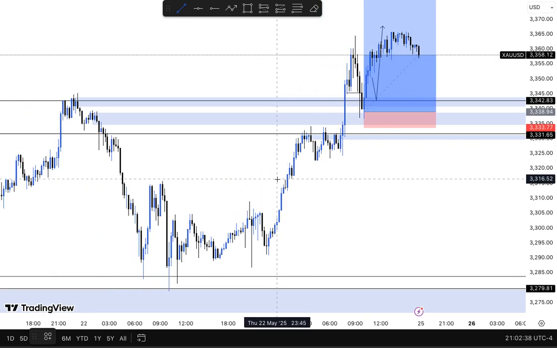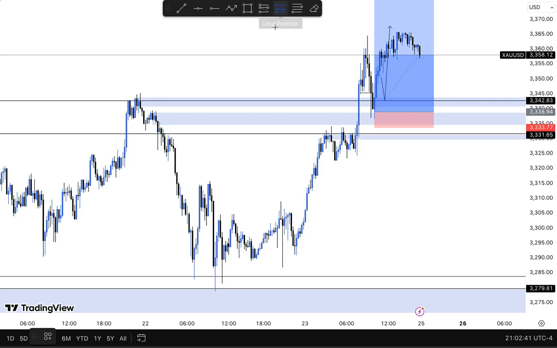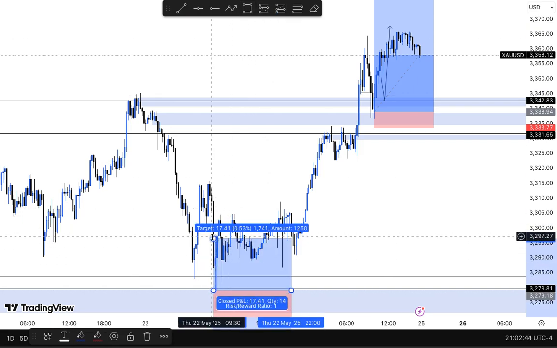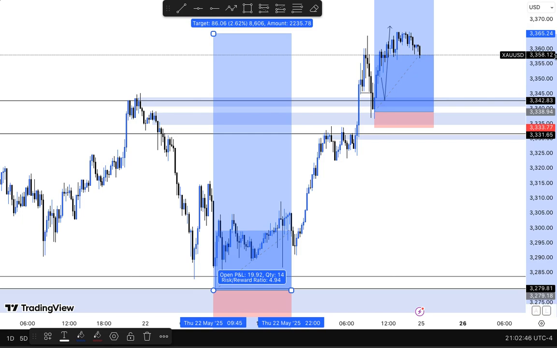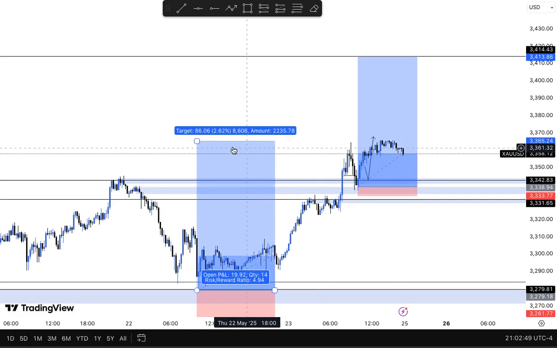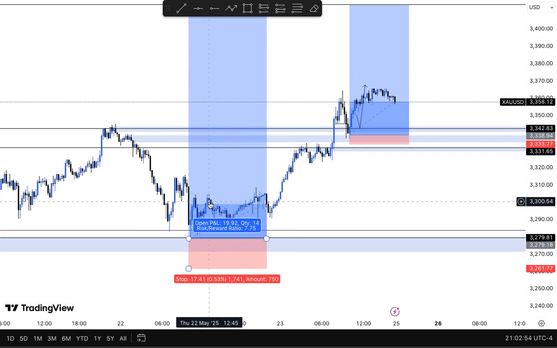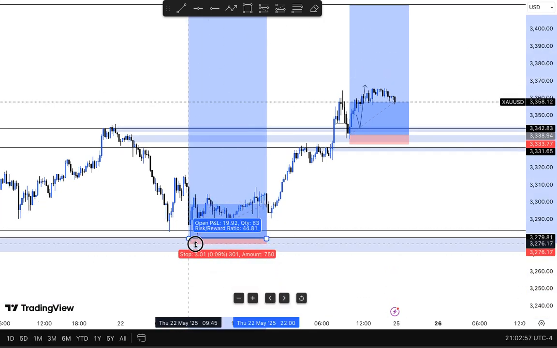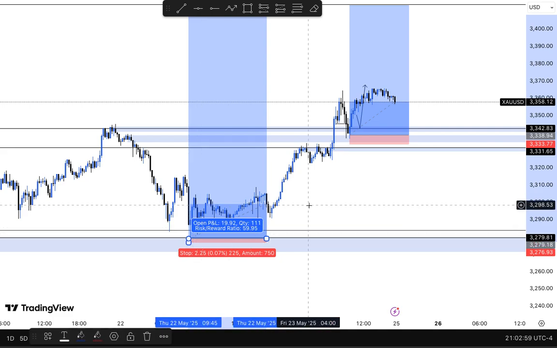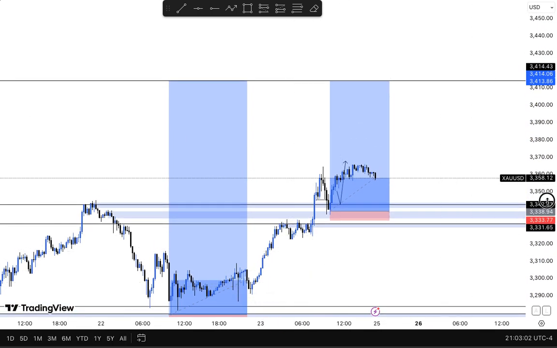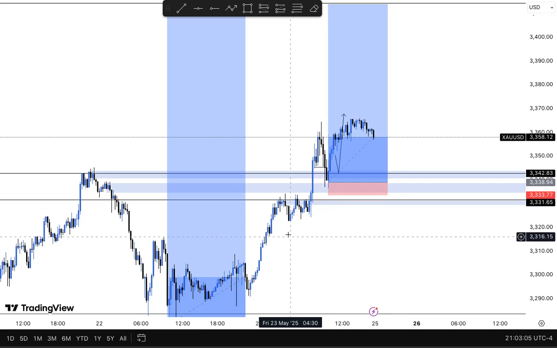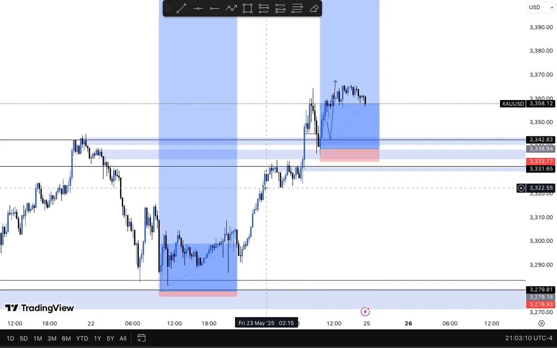Okay, the buy trade that you got from here. Let's say you are looking for a re-entry from here. Your TP is around here. Then you are looking for a re-entry. You could look for a re-entry from this side, because the market is in the bullish trend, and then it swept this bullish order block.